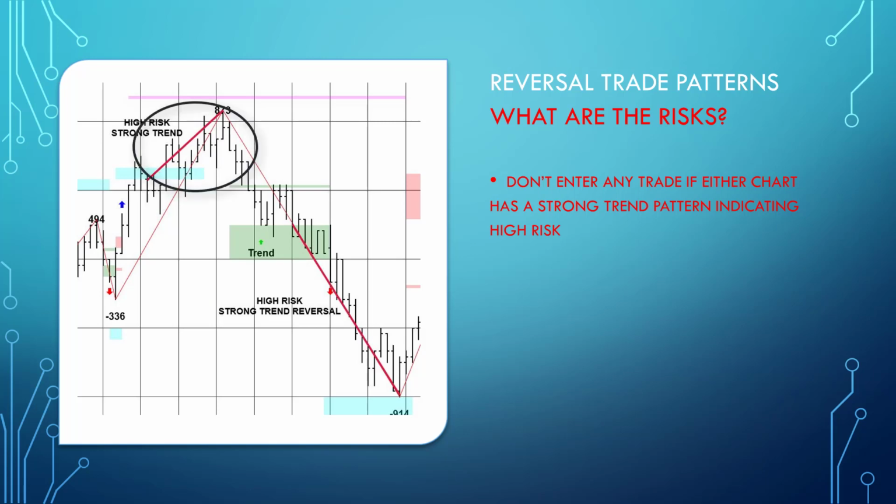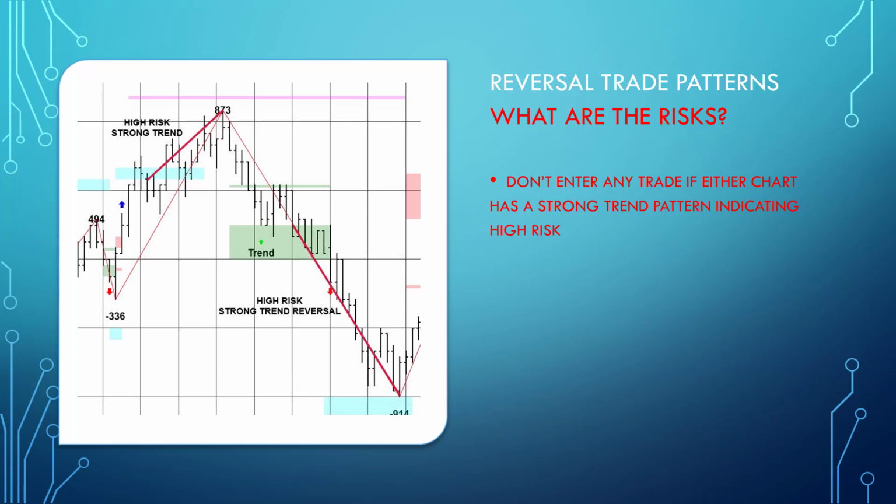The first is the high risk strong trend trade at the top, and the second is the high risk strong trend reversal on the bottom. If either of these two patterns were occurring when we were given a reversal trading signal on the 150 tick chart, we would then avoid taking the trade on the 150 tick chart.